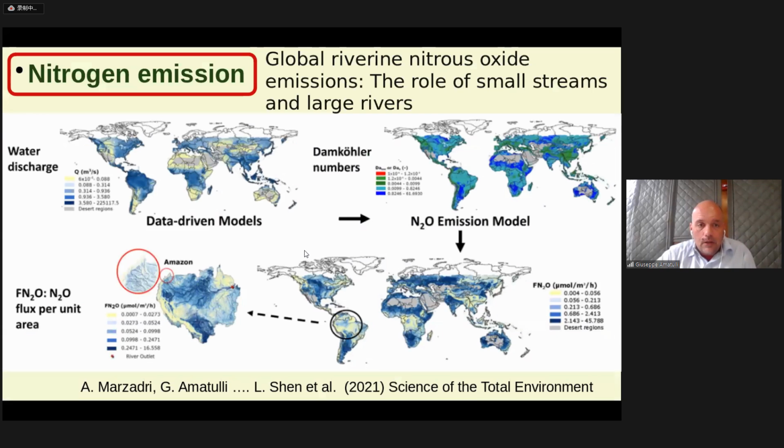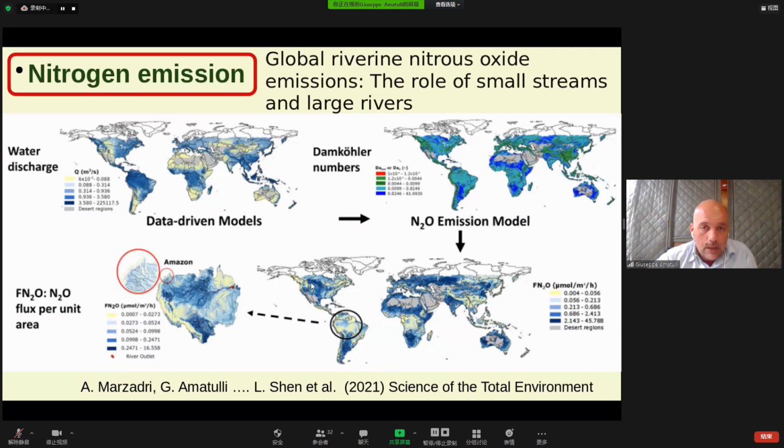Another work that we have also been working on in the last 2-3 years is with nitrogen emission. This was achieved with the publication in 2021 from Mazzadri, myself, and also Lunzu, where we were studying the emission of nitrogen in the different streams at the global or semi-global level. As you can see, the northern part is missing. So we were understanding that the small streams have a really strong impact on nitrogen emission.